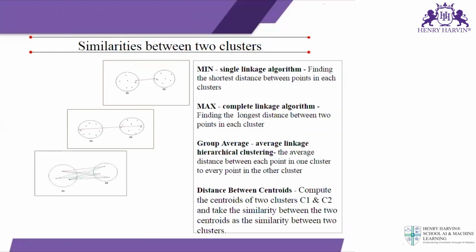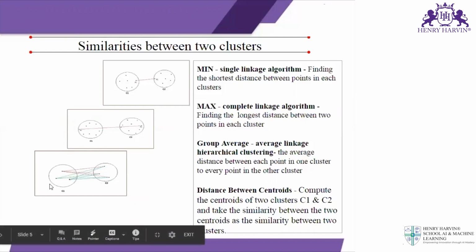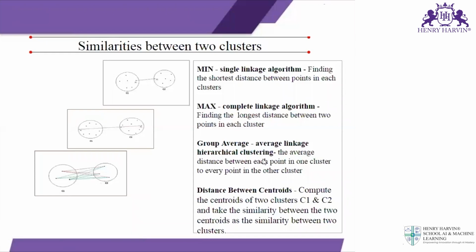Then there is group average, or average linkage hierarchical clustering. These linkages are used when we are using hierarchical clustering algorithms. Average linkage is done by calculating the distance between each point in one cluster to every point in the other cluster. As you can see in the image, the distance is calculated with each of the points in both clusters.